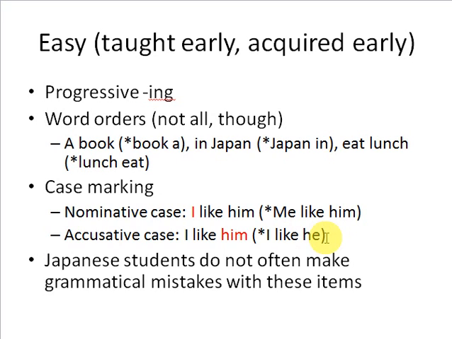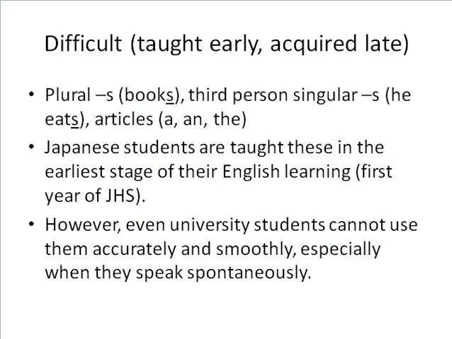Actually, there are some students, very young students, who make mistakes like this, but those mistakes disappear. So Japanese students do not often make grammatical mistakes with these items, although they make many mistakes with these items.